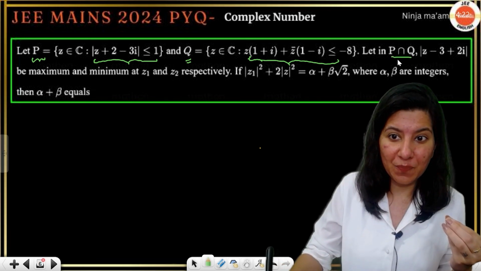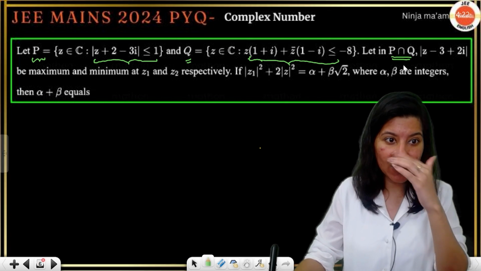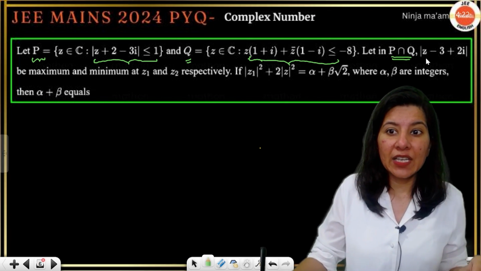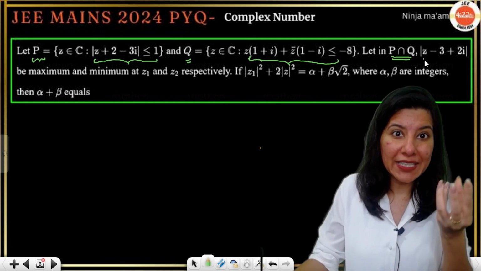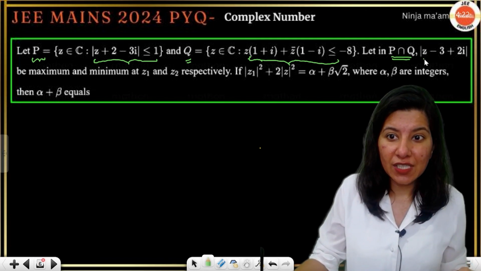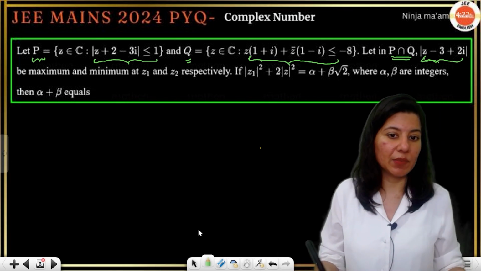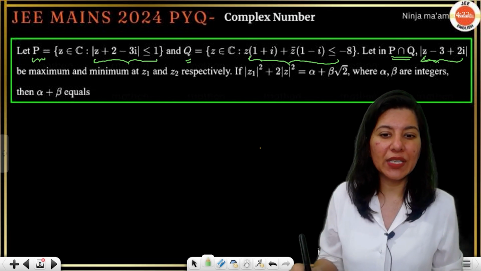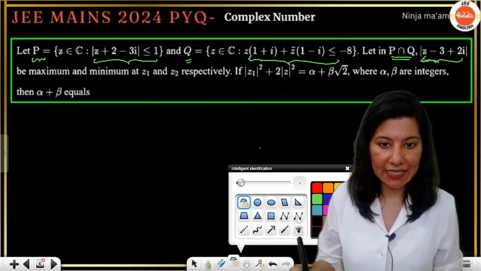Because we are looking for P intersection Q. In P intersection Q, we are looking for those points Z for which these things become maximum and minimum. Right now, you won't understand much. You will only understand things once you start plotting them nicely, okay?